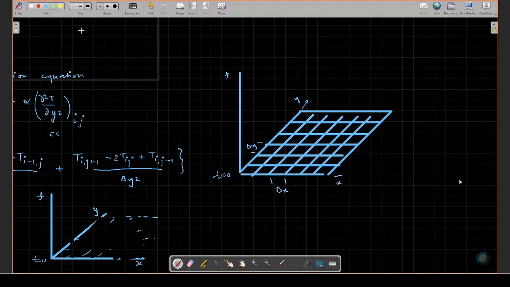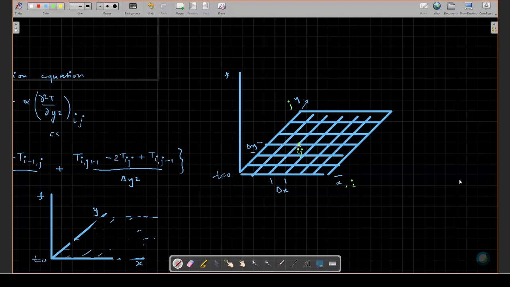We can focus on any point. Here x is represented by the i index and y by the j index, so the location of this point is given by the ith index and jth index.